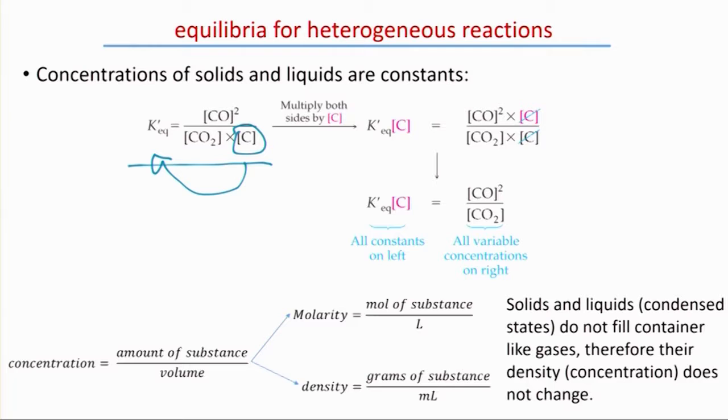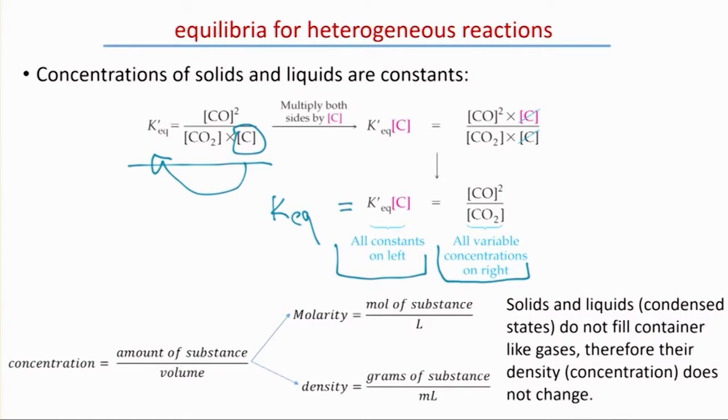Then you have all the constants on the left, and any of the concentrations that change on the right. This becomes just K equilibrium. So it's not like the concentration of carbon is left off, it just gets incorporated into the K equilibrium.